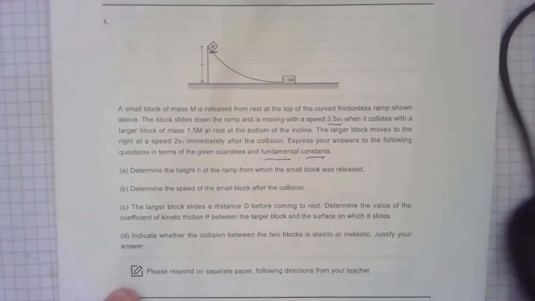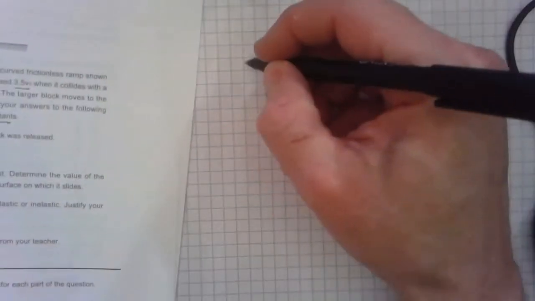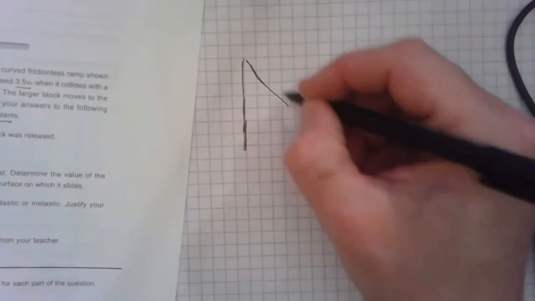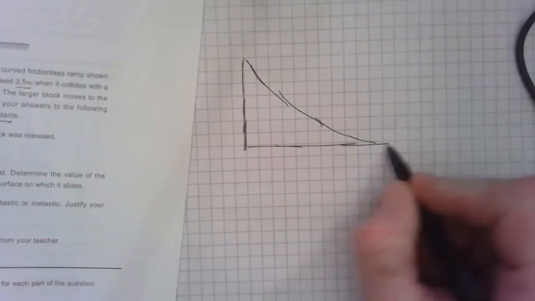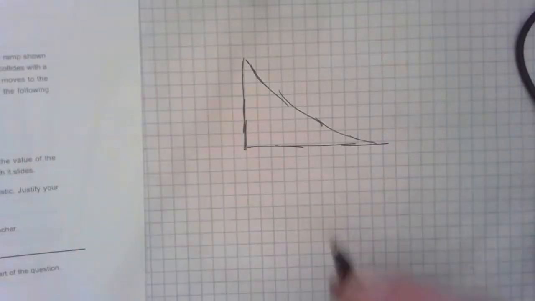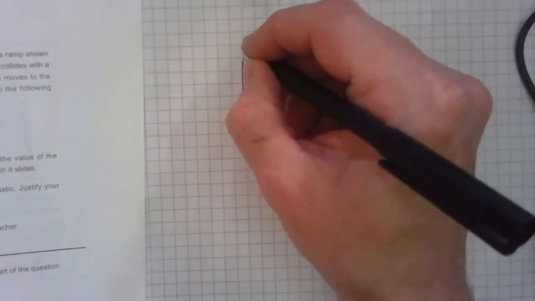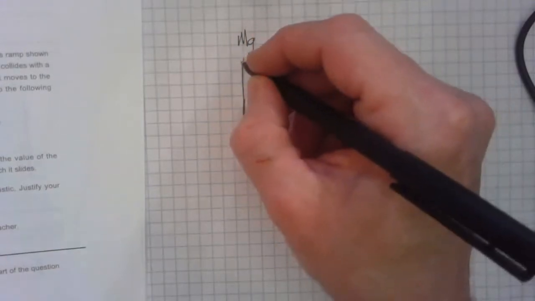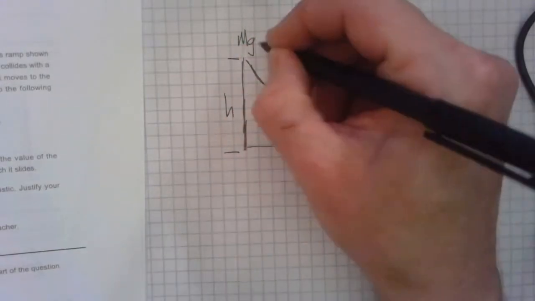Okay. So this paper's a little small. We're going to have to hopefully have a copy of this in front of you. So what we know is there was just potential energy at the top because it started at rest. And that potential energy would have been the mass of the block, g times, and they call it h, so literally mgh.